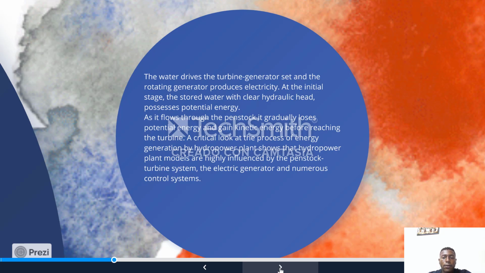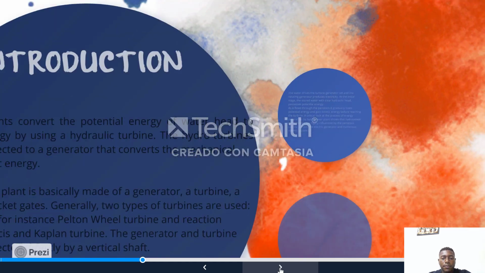A critical look at the process of energy generation by a hydropower plant showed that hydropower plant models are highly influenced by the penstock turbine system, the electric generator, and numerous control systems.